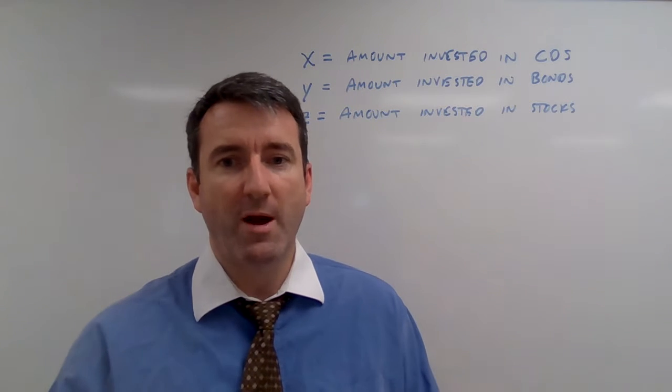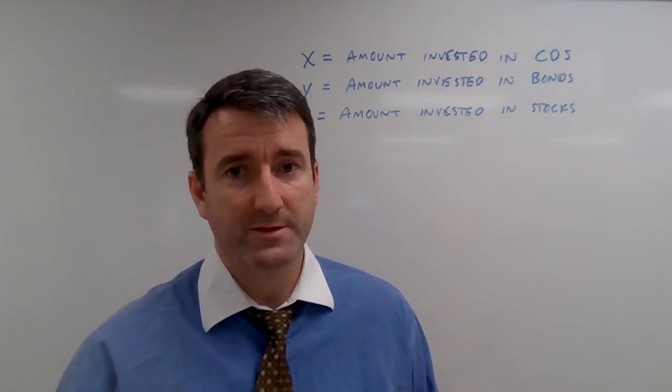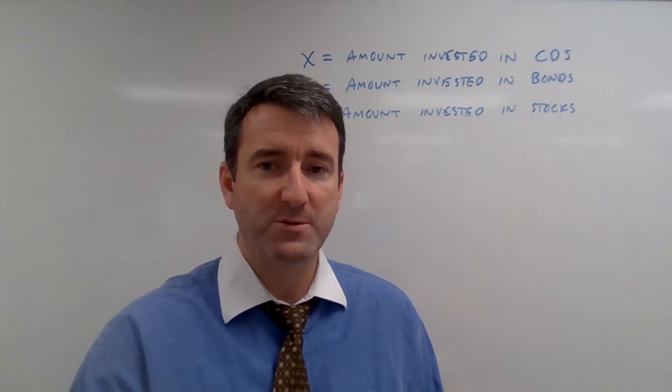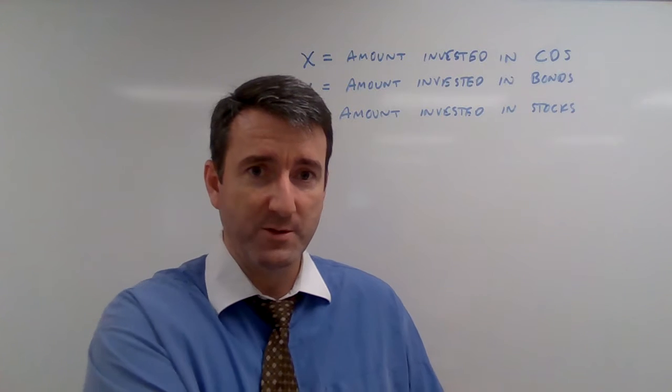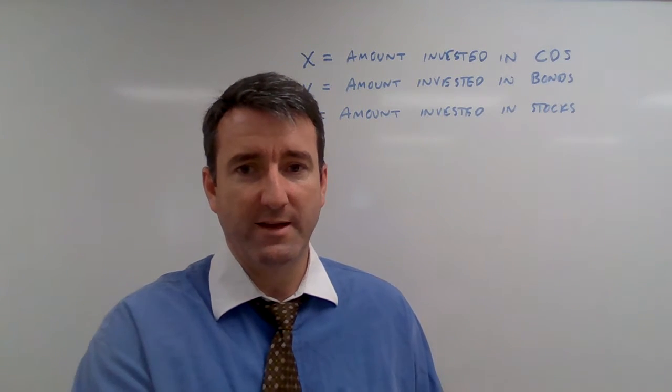So for a problem like this, the first thing we want to do is define our variables. What we're asked to find is how much was invested in each fund: how much in CDs, how much in bonds, and how much in stocks.